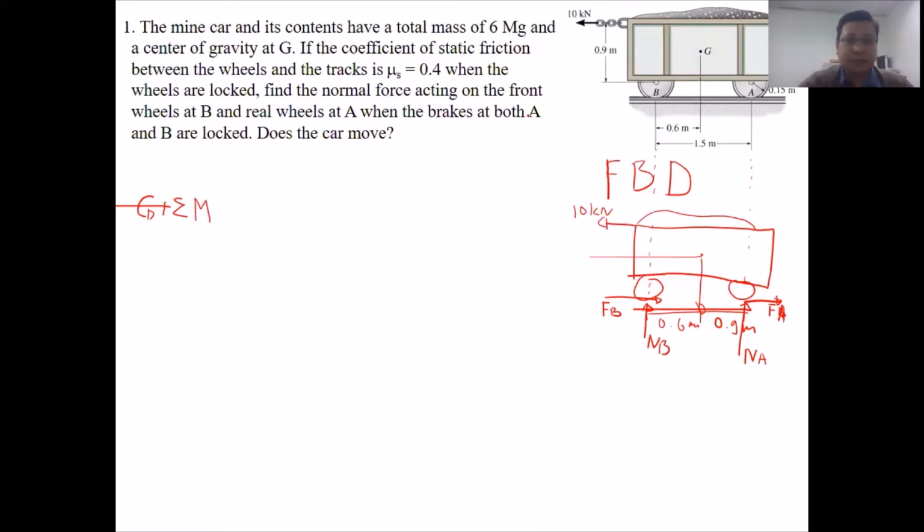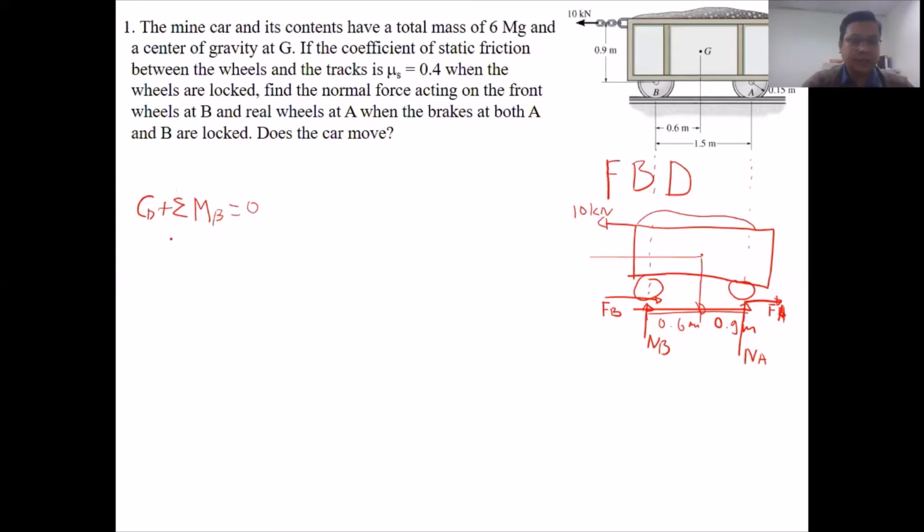We start from point B. We sum moments about point B equal to 0.